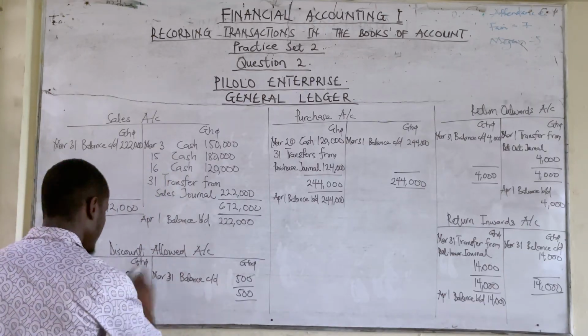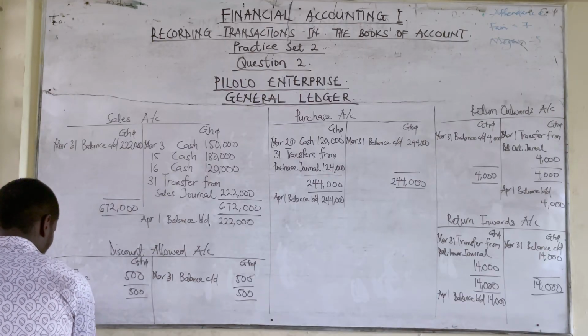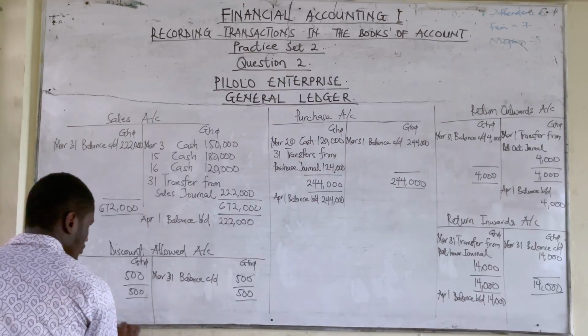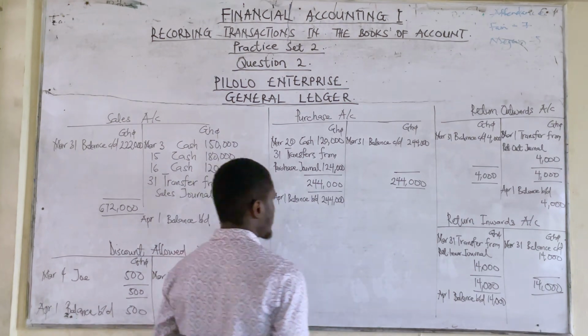Good. Then we'll bring the CD as what? Balance BD, 500. Okay, then we'll move on to discount received.